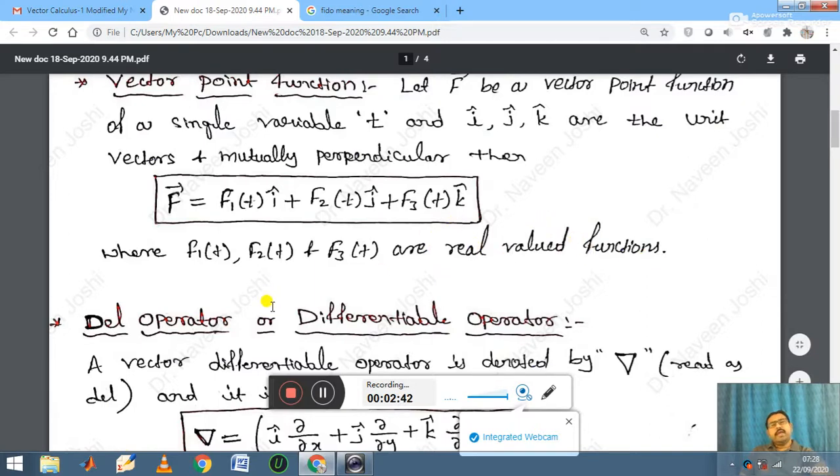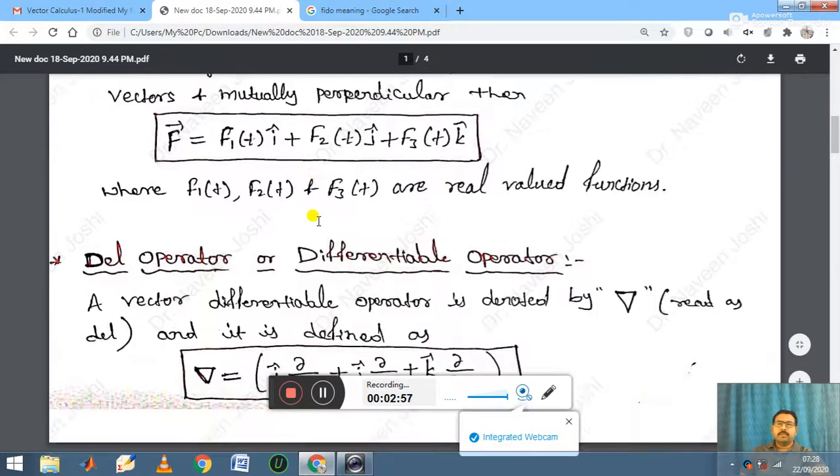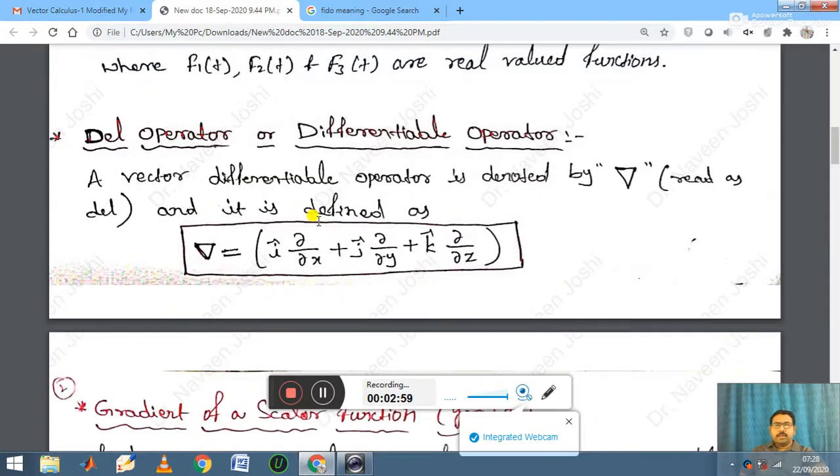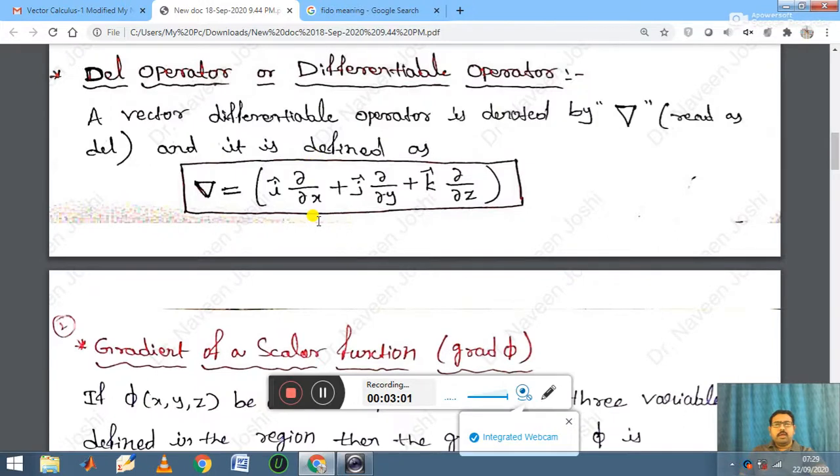This means we are expressing vectors in this way: F bar contains an ith component, jth component and kth component, and F1, F2, F3 are functions of t. That's it.